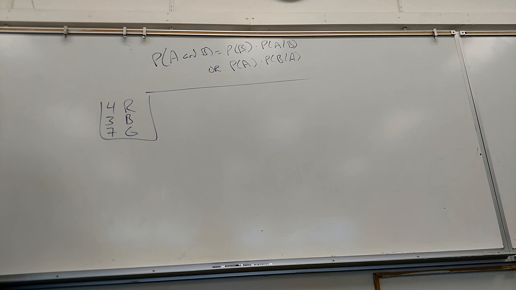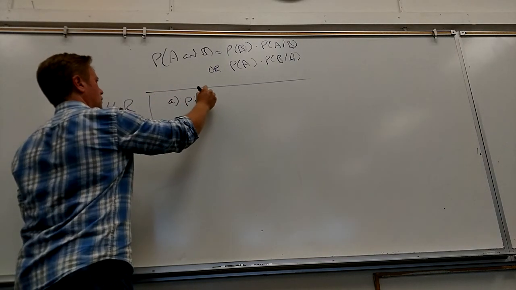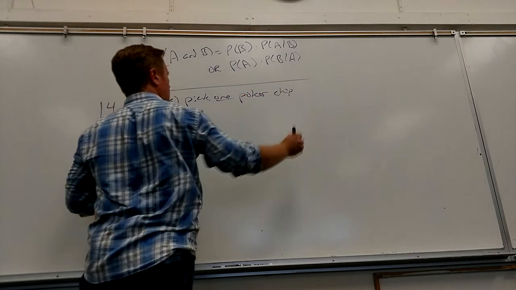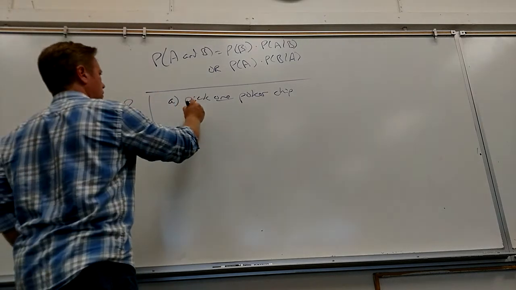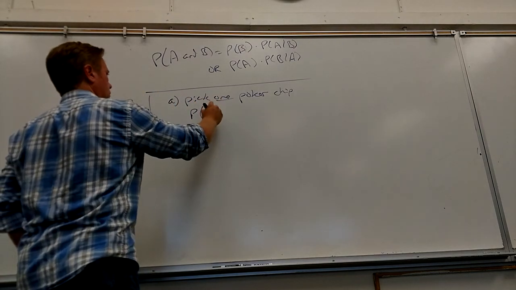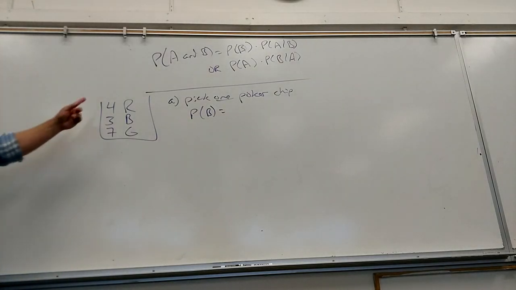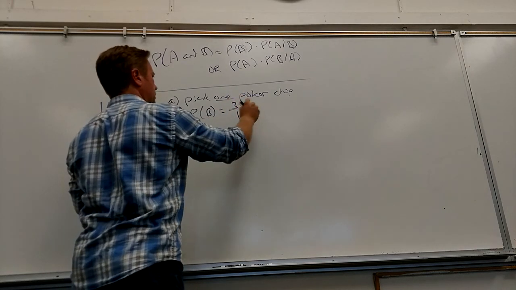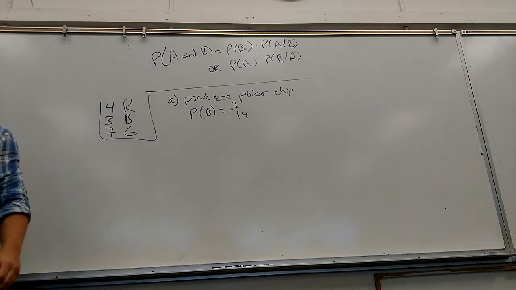Let's do this in 2 steps. First step is pick 1 poker chip. What's the probability that you get a blue poker chip? 3 out of 14. Yeah, 3 out of 14. There's 14 total. And there's 3 chances out of those 14 to get a blue one. And you can make it into a decimal percentage, whatever they are. Right.